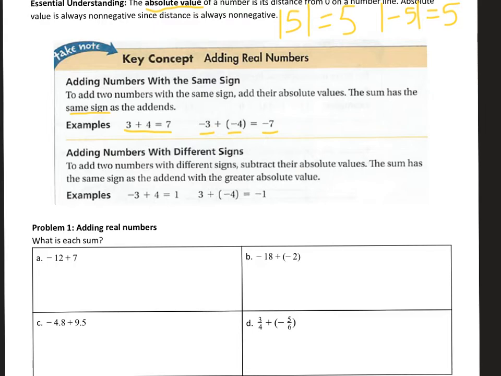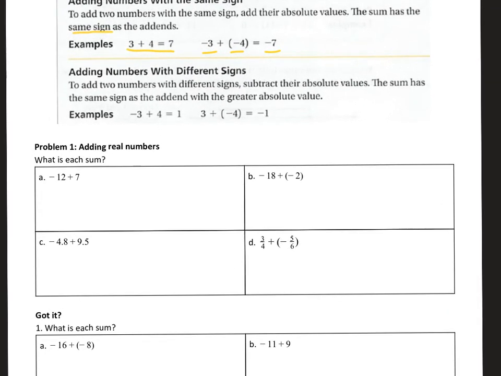When you add numbers with different signs, you subtract their absolute values. The sum has the same sign as the number with the bigger absolute value. So what I mean by that is you take 4 minus 3, since these are opposite signs and you're adding. 4 minus 3 is 1.